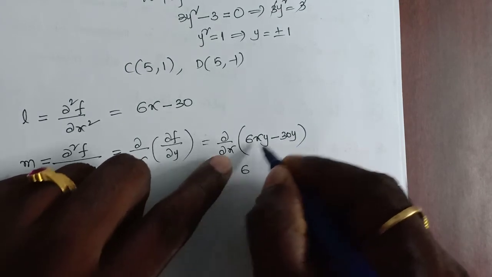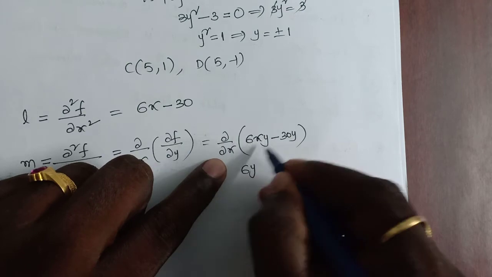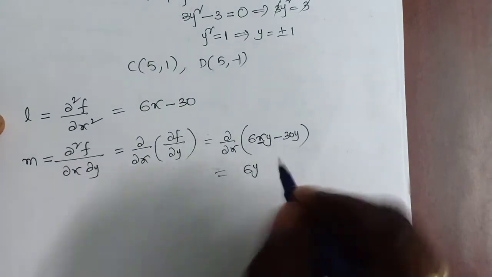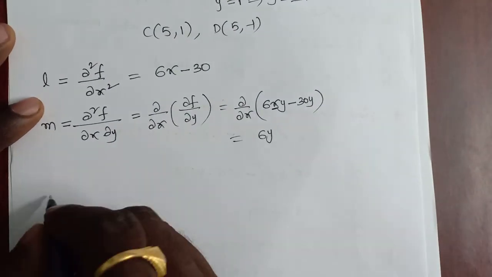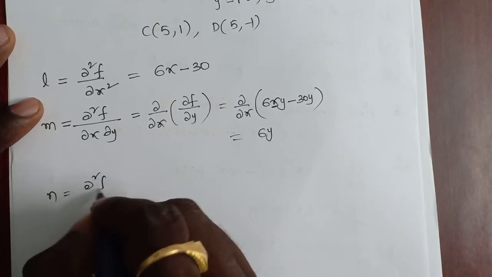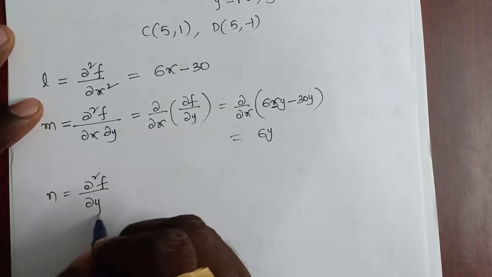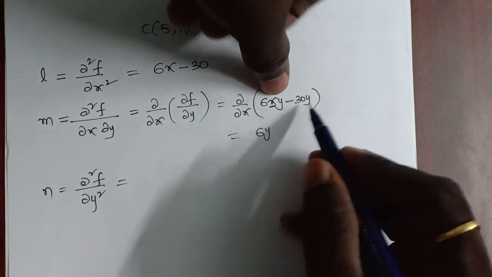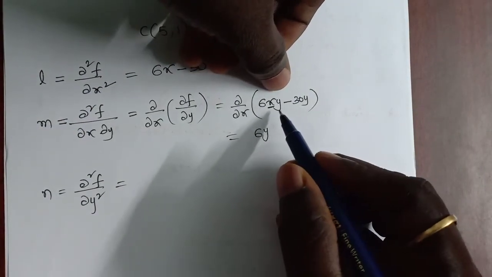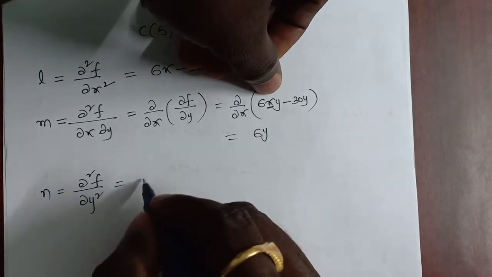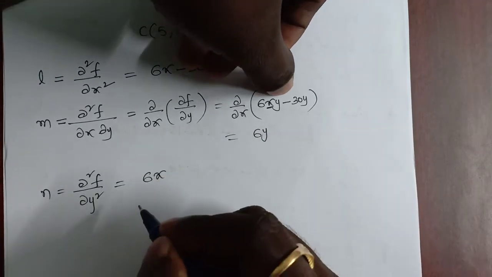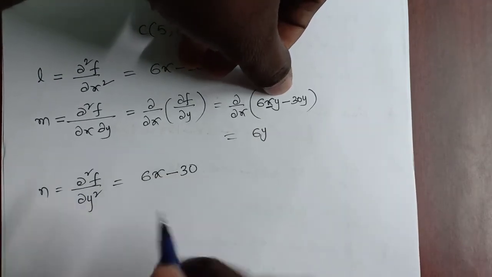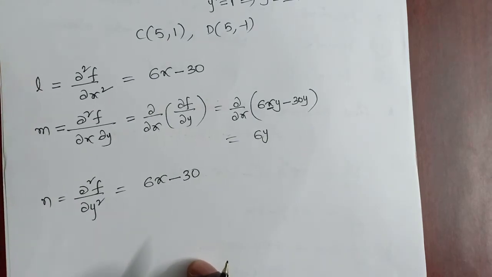Simply 6y times of, for x it is 1, so 6y over. Now N, dou square f by dou y square. Then again, this is dou f by dou y. We need to differentiate with respect to y, so 6x is a constant, put it outside. For y it is 1, minus 30. So these are the values of L, M, N.